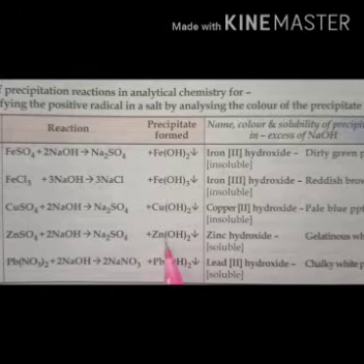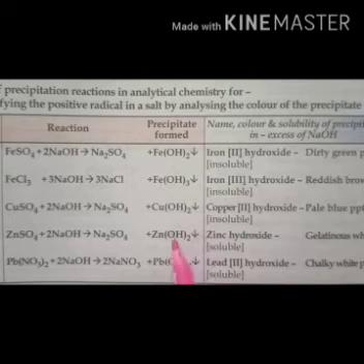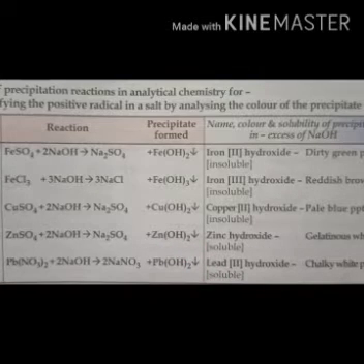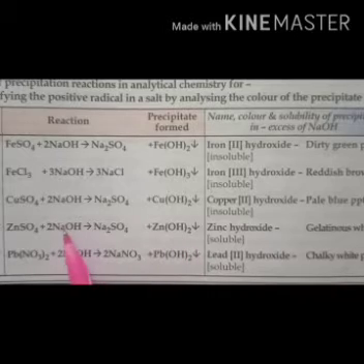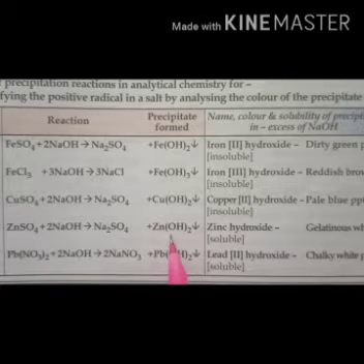You get a white solution. When you add excess of sodium hydroxide, this gelatinous white precipitate dissolves and forms what?